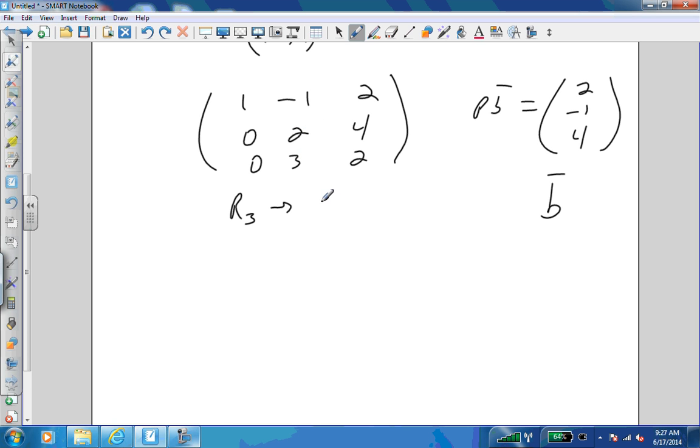So if we have a 2 and we need to change it to a negative 3, we need a 2 on bottom, so that goes away. And we need a negative 3 on top. So we're multiplying that second row times negative 3 halves and adding it to the third row. So negative 3 halves times 2, the 2's will cancel.